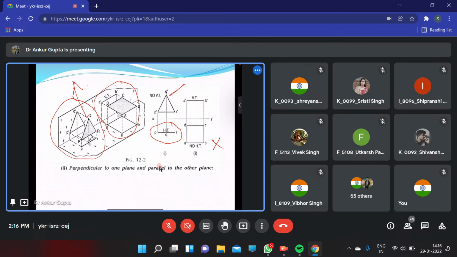The difference comes here. Okay, see this triangle. Triangle दिख रहा है? Triangular plane. So when you are projecting it onto the reference plane, are you getting the true shape in the projection?